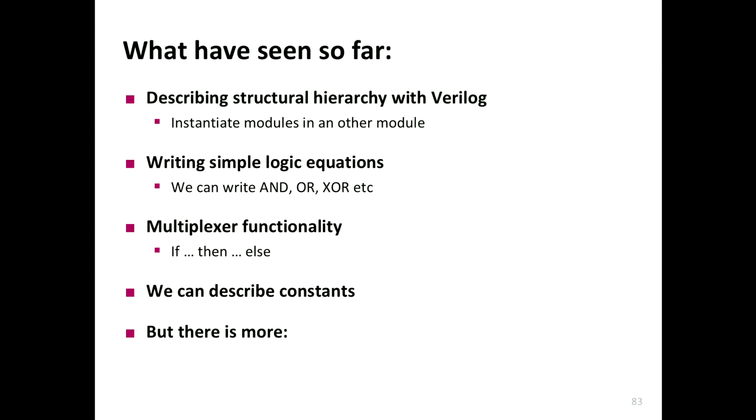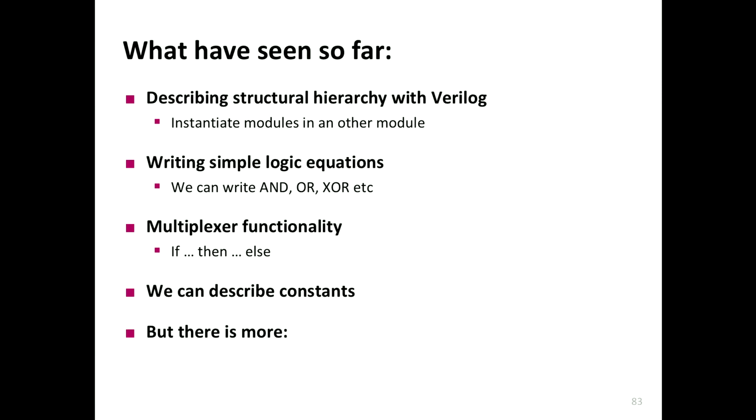So what we have seen so far is structurally how we can instantiate modules, and how we can represent a structural circuit. We also learned how to write simple logic operations such as AND, NOT, XOR, and of course the multiplexer functionality, which is basically the conditional statement.